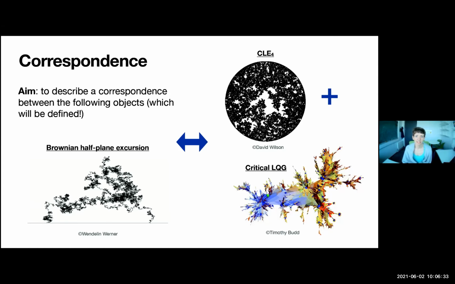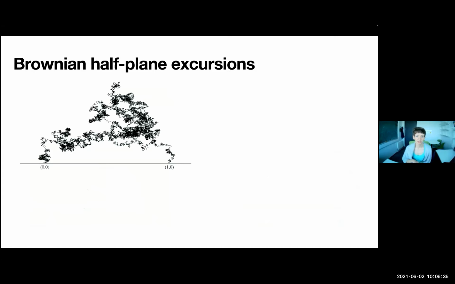Okay, so let's begin defining the objects. I'll start with the Brownian half-plane excursion, which hopefully people are quite familiar with, or at least very familiar with planar Brownian motion. So a Brownian half-plane excursion is a random path living in the upper half plane of the complex plane, which starts at the point (1, 0) and ends at the point (0, 0).